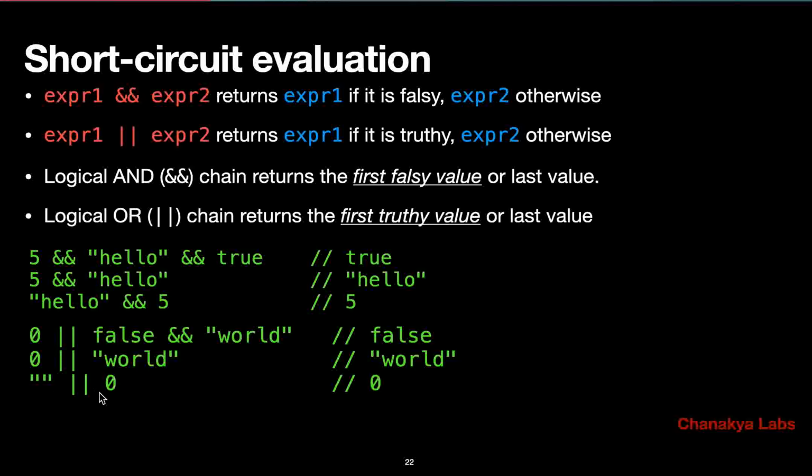However, in this case you see that this OR this, I am looking for the first truthy value. This is an empty string, like double quotes, nothing in there. So the empty string is falsy, so I have to move ahead. Why? Because only if it is truthy do I have to break. So it is an empty string, it is falsy, I move ahead, and then I reach the last expression, then that is going to be my answer.